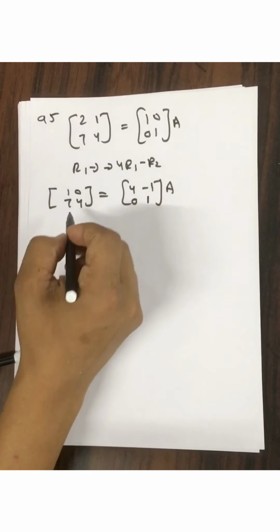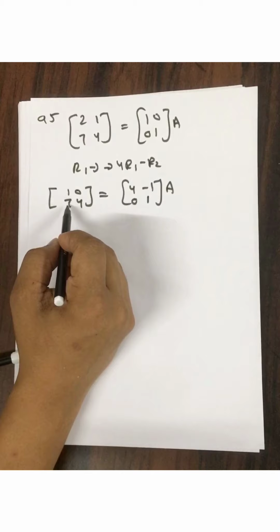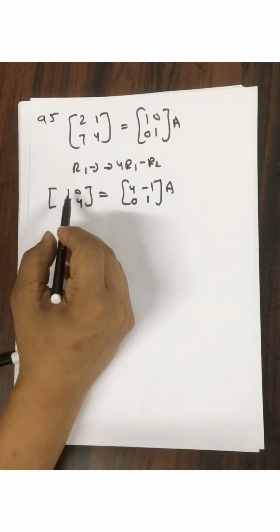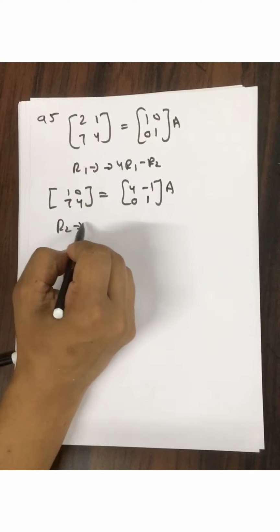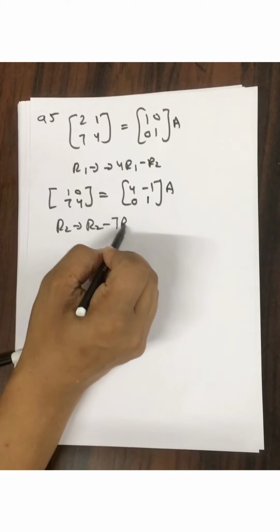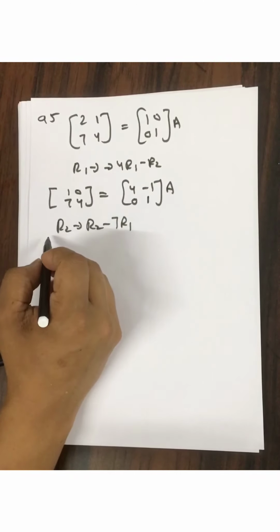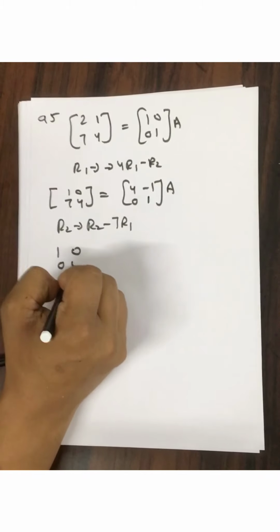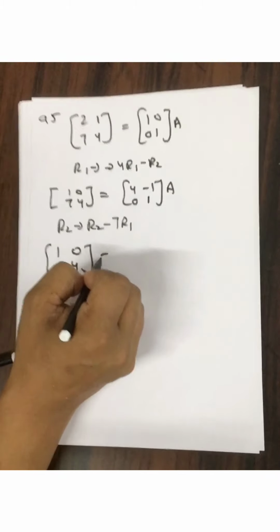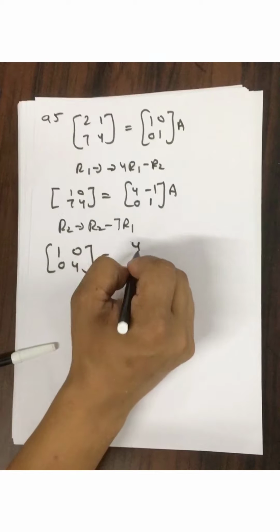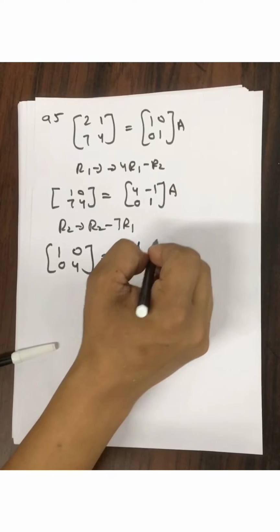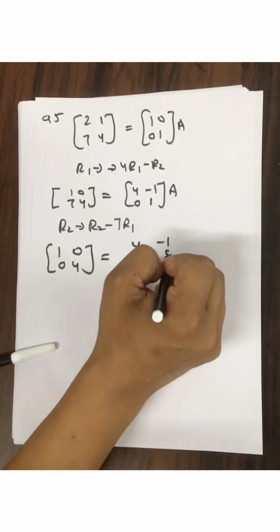A. Next step, we have to get rid of the 7. So how to do it? We'll multiply, yes, R2 minus 7 R1. Can we do it? So 1, 0, 0, 4 equals 4 minus 28 minus 1 and 8.